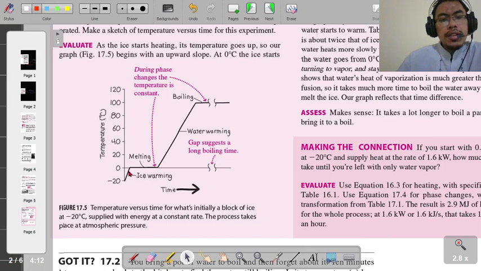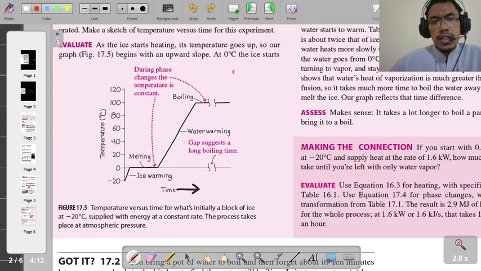And then for the melting process, the heat is not used to raise the temperature, but it is used to change the phase.